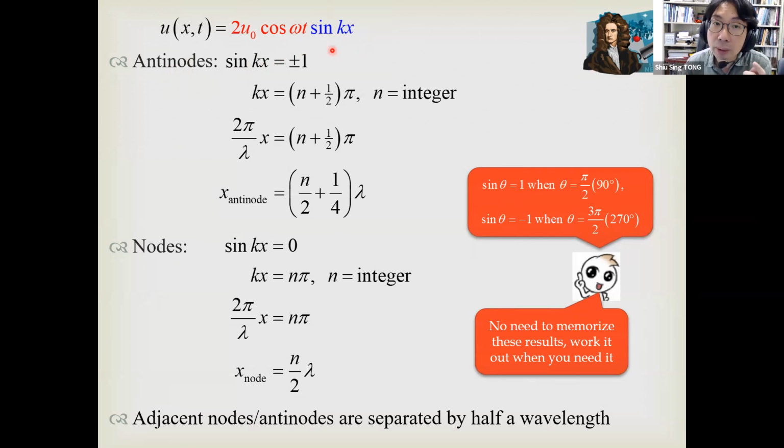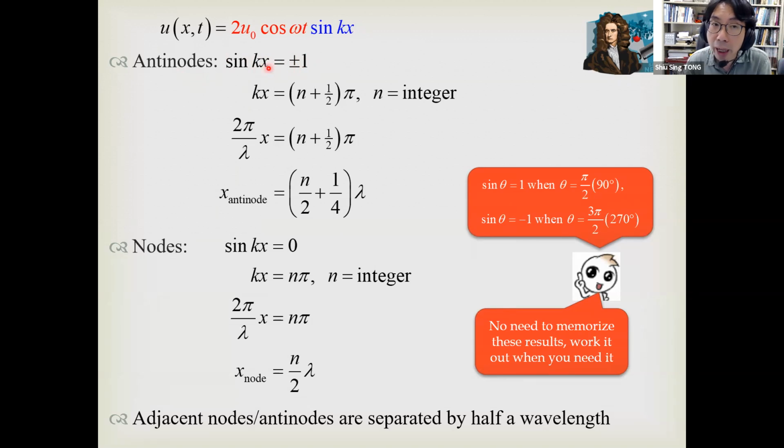So for the antinodes, the sine kx factor is at its maximum, the largest absolute value. That means sine kx is either +1 or -1, and that corresponds to the antinodes. Now, I don't know if you know how to solve this equation.